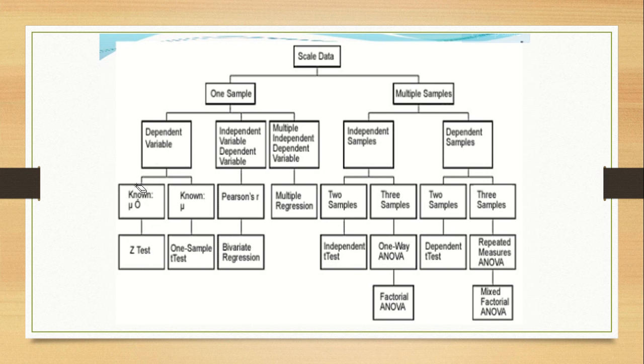If it's okay, then you have to check what is known, the mu and the sigma. If yes, then you can use z-test. If known only the mu, then one-sample t-test. And if your study has independent and dependent variables, you can use Pearson's r.